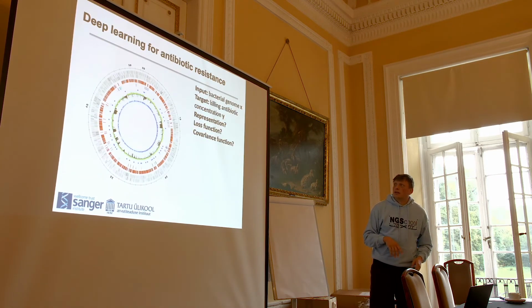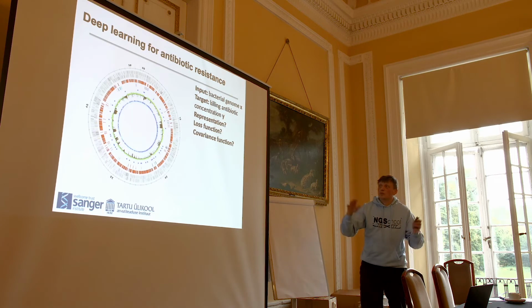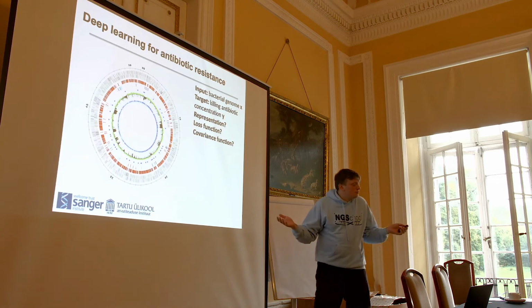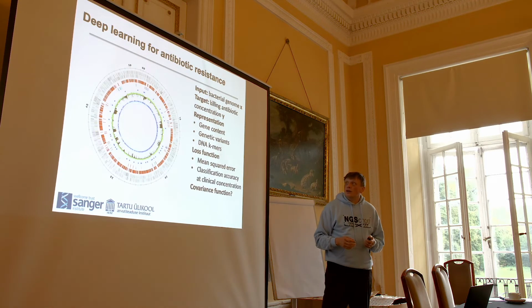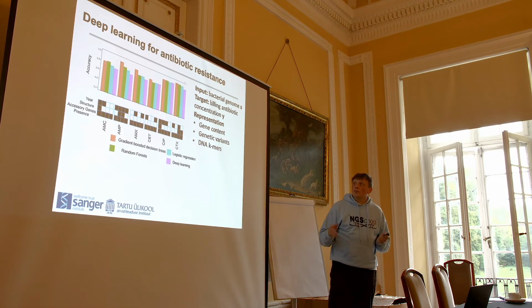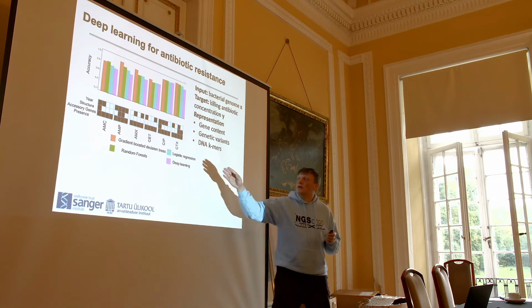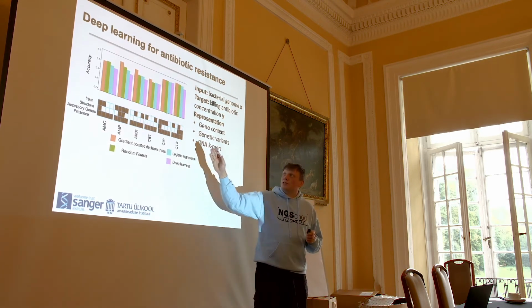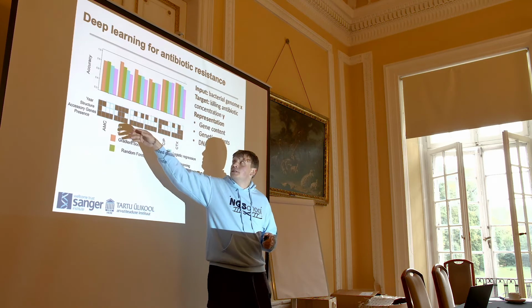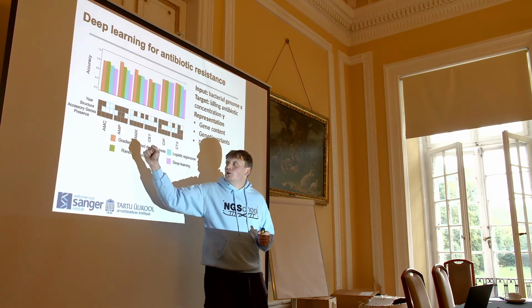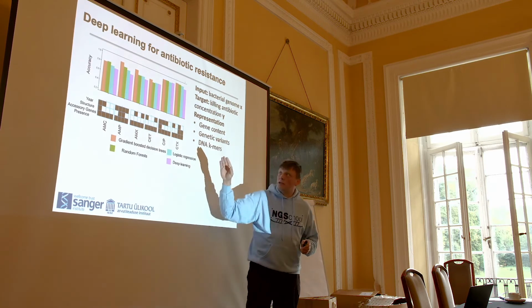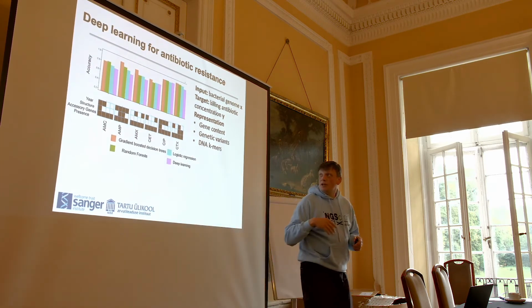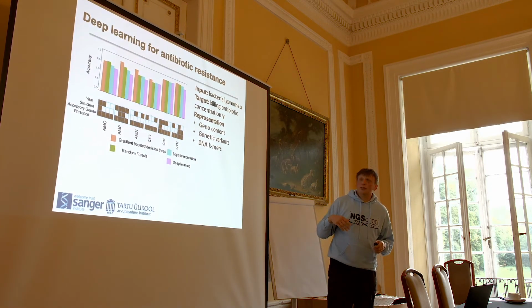And for predicting antibiotic resistance, you have the whole genome of a bacterium. Is it resistant to an antibiotic or not? We did tests of different types of models, from gradient boosted decision trees to deep learning. Every bar here is the performance of a model in different colors, the x-axis is different antibiotics, the y-axis is prediction accuracy, and deep learning models were universally the worst.